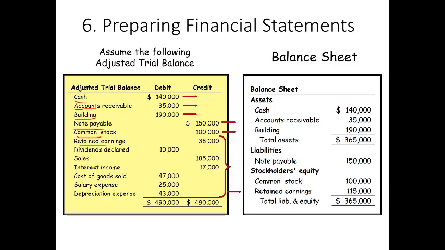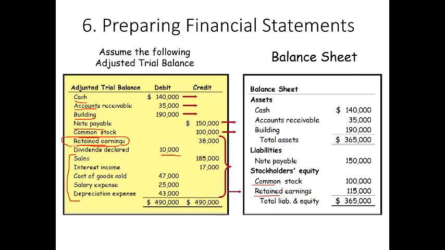So in our balance sheet, we're going to have all the assets, liabilities, common stock, which is again a permanent account in stockholders' equity, and then retained earnings. Retained earnings is going to consist of both beginning retained earnings, which is here, and any changes to retained earnings, which are going to include dividends declared, and then your income statement items, which are these ones: sales, interest income, cost of goods sold, salaries expense, and depreciation expense.